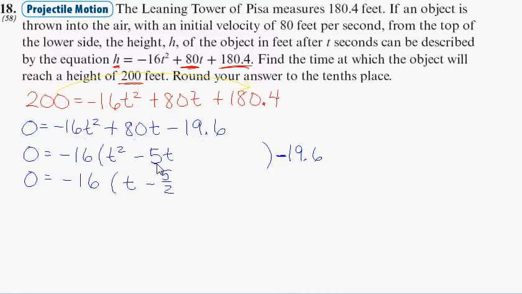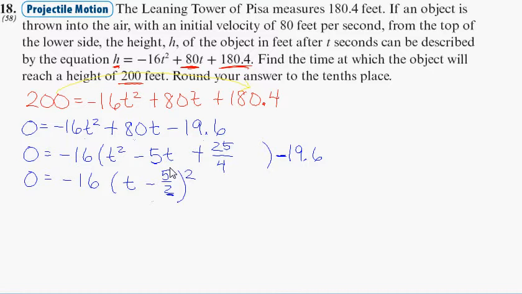This negative 5 gets cut in half, and when that term is squared, that's the value that will create the perfect square trinomial. So that's why I'm putting a 25/4 up here. Do you see that? And then this binomial is the factored form of this perfect square trinomial that we have right up here.